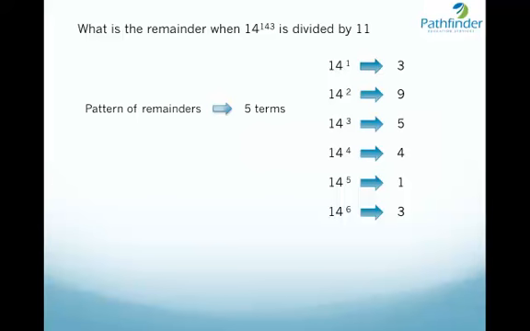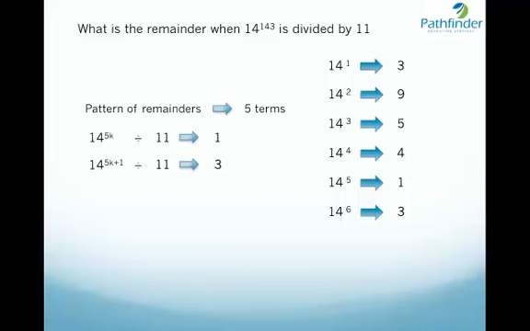But first we generalize. When 14 to the power of 5k is divided by 11, the remainder has to be 1. 5k is any multiple of 5. So 14 to the power of any multiple of 5 when divided by 11 gives a remainder of 1. 14 to the power of 5k plus 1 when divided by 11 gives a remainder of 3.